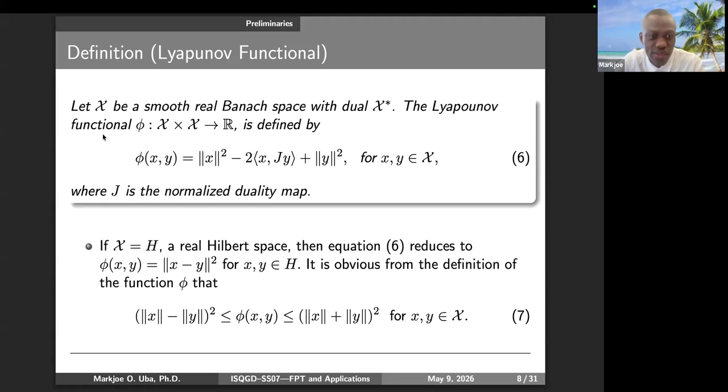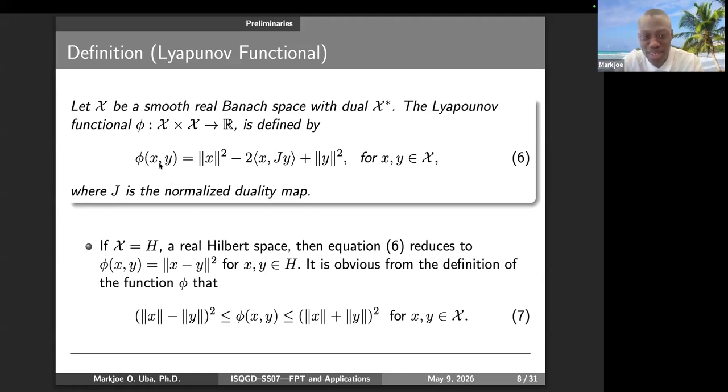If our space is a real Hilbert space, this equation 6 will simply reduce to the norm squared of x minus y.